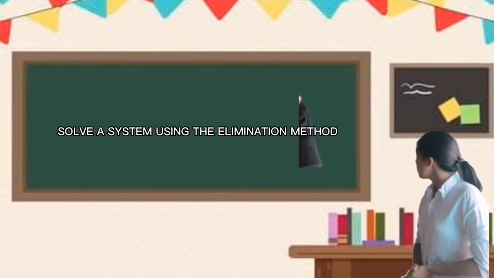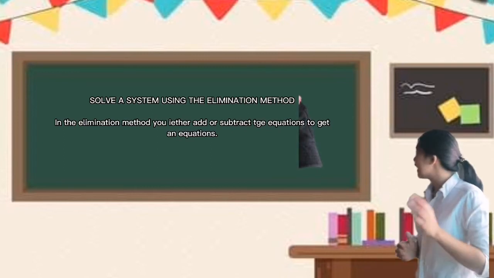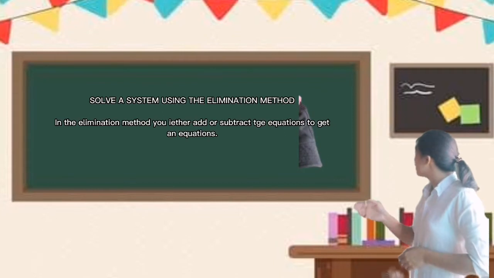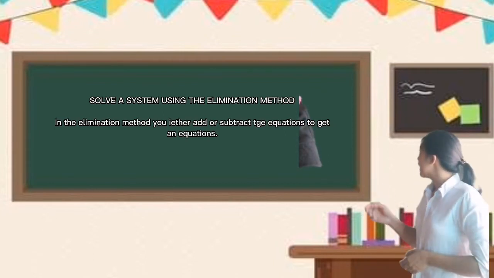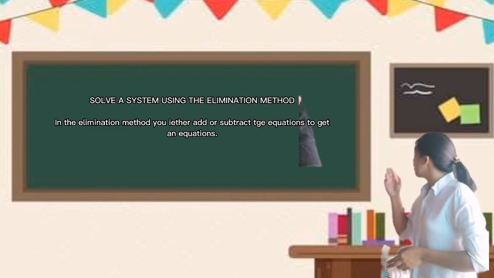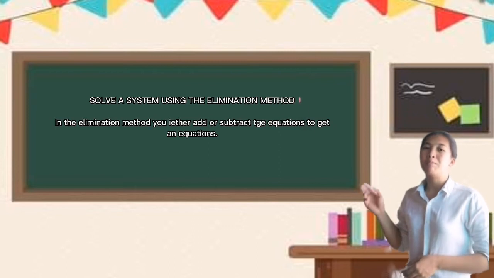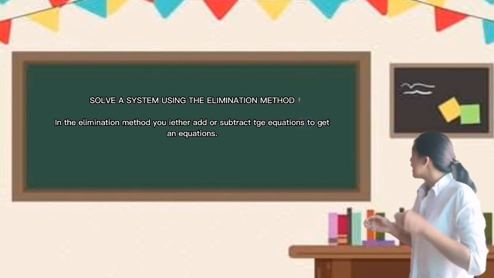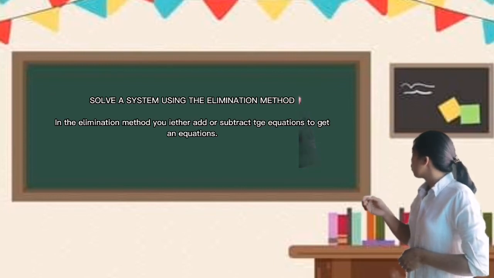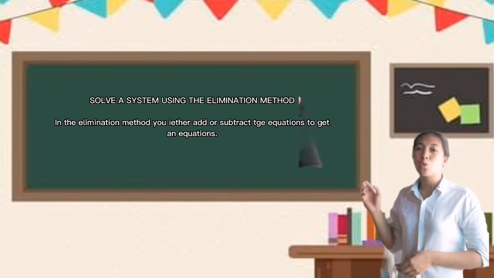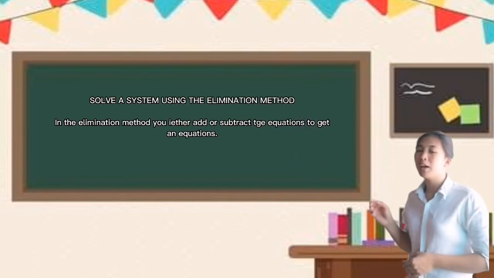Solving a system of equations using either of the two methods, substitution or elimination, the answers are the same. So let's try the elimination method, and we still use the same equations we used in the substitution method.